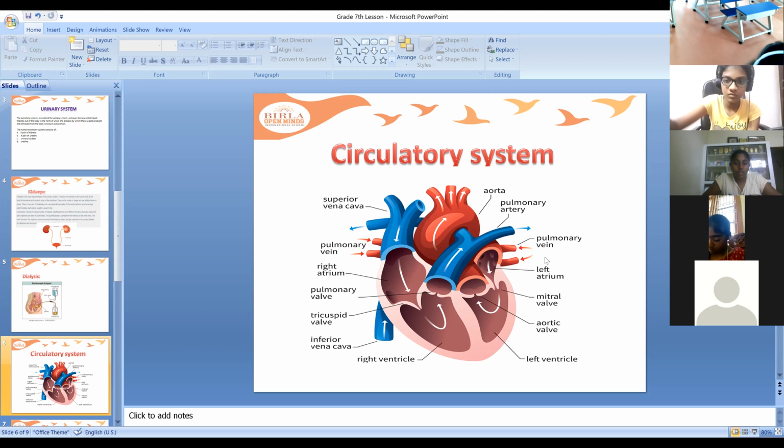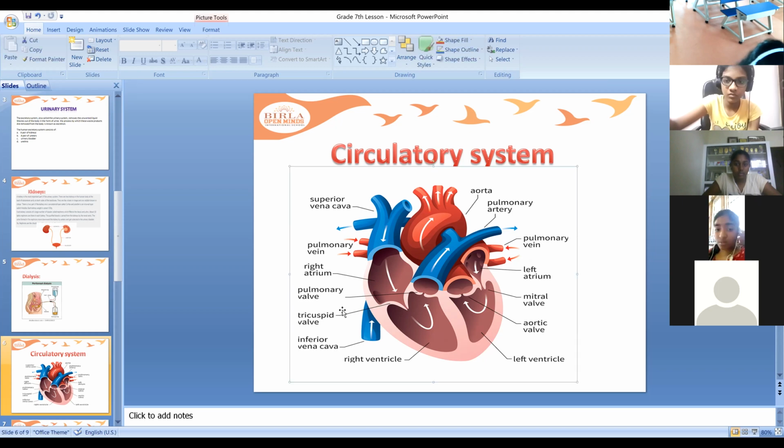This deoxygenated blood from different parts of the body is collected in the right atrium and then moves down to the right ventricle. You can watch it in your course book also. And then it moves down to the right ventricle.